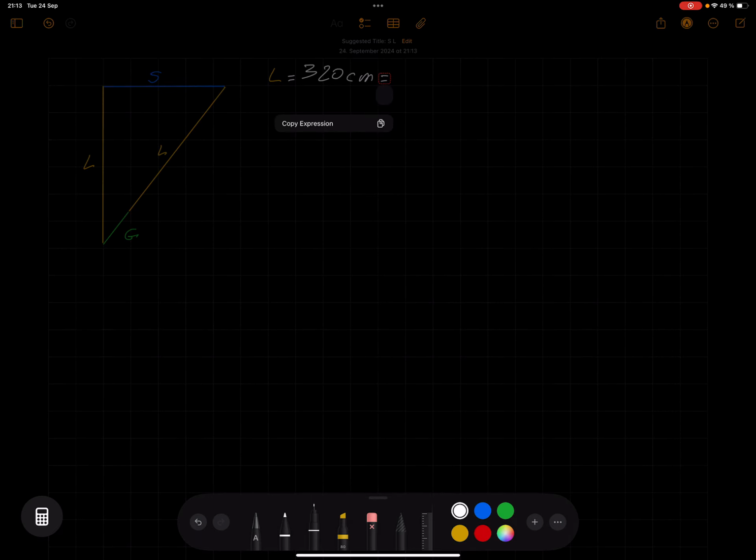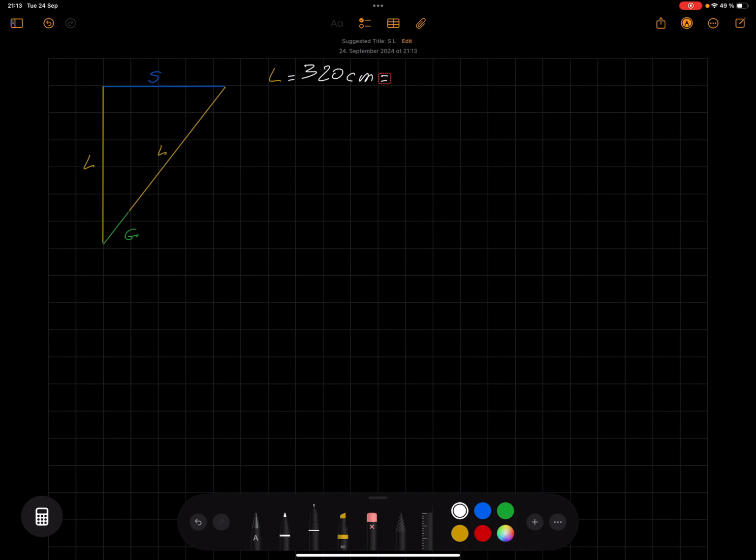So I type on the equal, copy expression. Great, but there's a syntax error. No explanation. And there is no error anymore. So I cannot understand why. Okay.